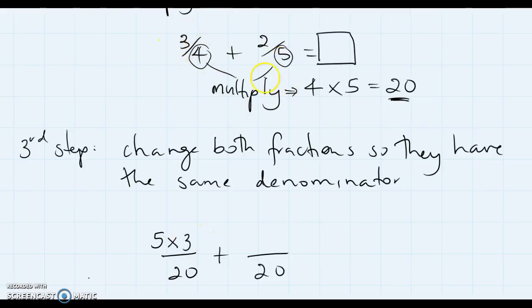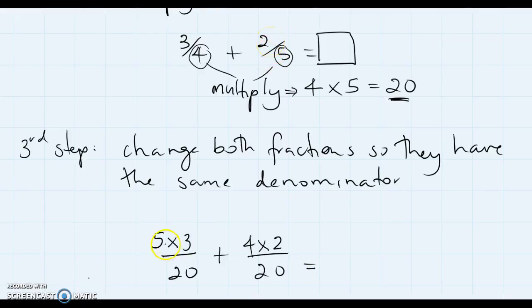Let's go to the next fraction. 5 can go into 20 4 times, because I know 5 times 4 equals 20. So 5 can go into 20 4 times the 2. That 3 is from the original 3, and that 2 is from the original 2.